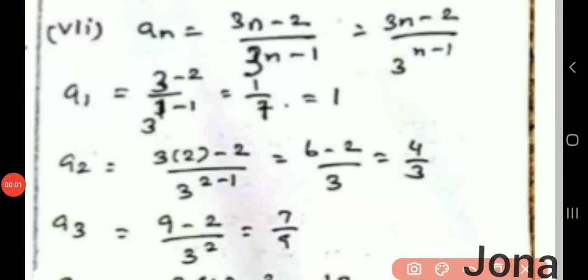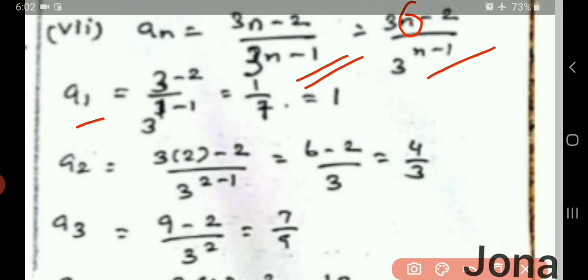Seventh division, an equal to (3n minus 2) divided by 3 power (n minus 1). Now I want to find the 6 terms. So put n equal to 1 here. In the place of n I want to substitute 1, isn't it?